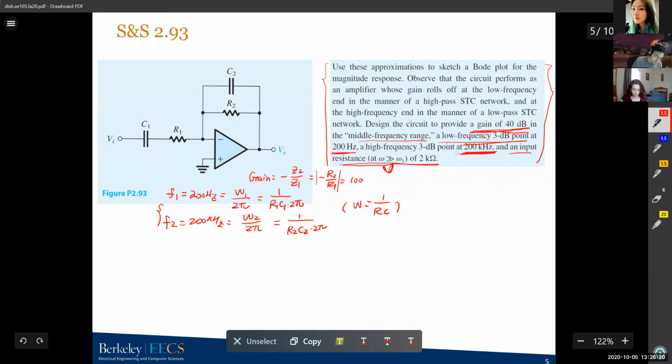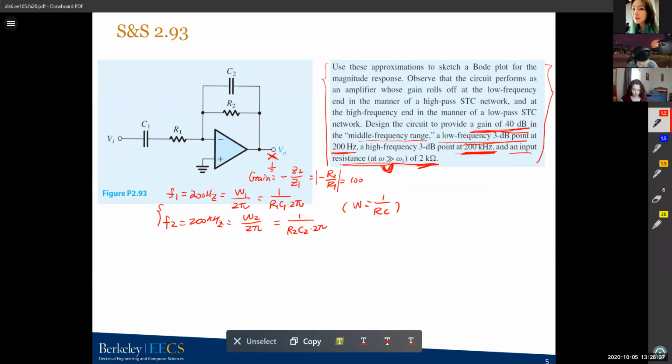We'll go back to check the last one. The input resistance, at omega much greater than omega 1, is 2k ohms. So what's the input resistance? To find the input resistance, first we have to open the output, as you have learned in lecture.